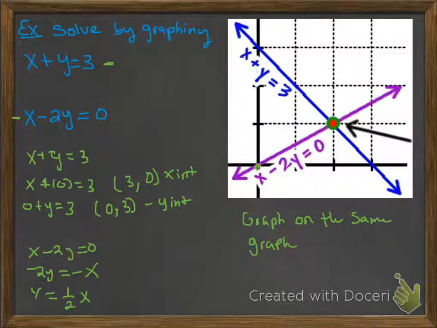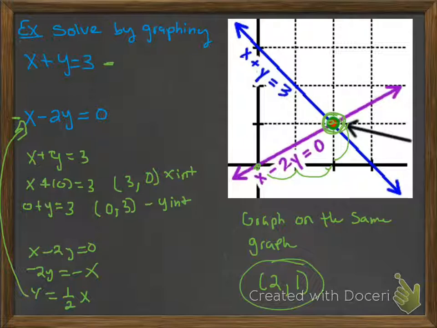I put a point at (0, 0), up 1, over 2, which gives me my next point. Now I graph them, and I see that they both meet at this point right here. So the solution to my set of equations is (2, 1).